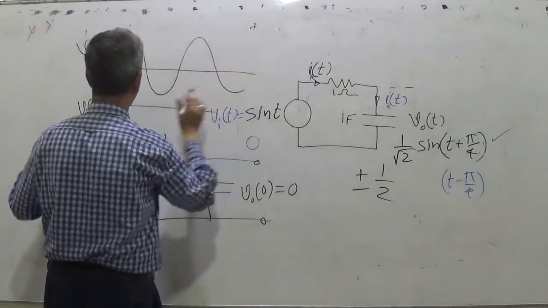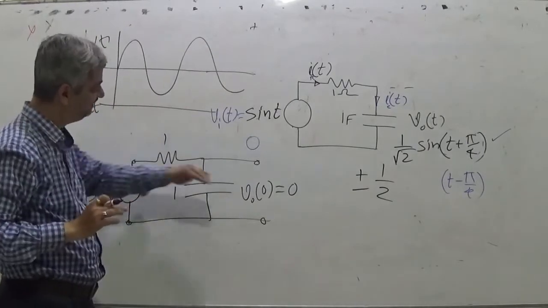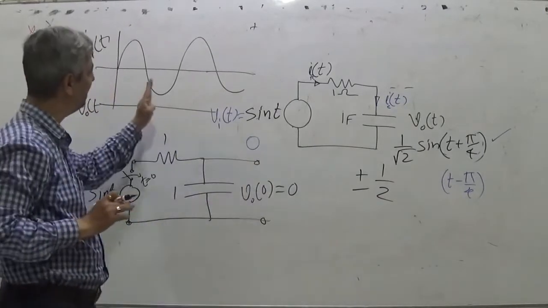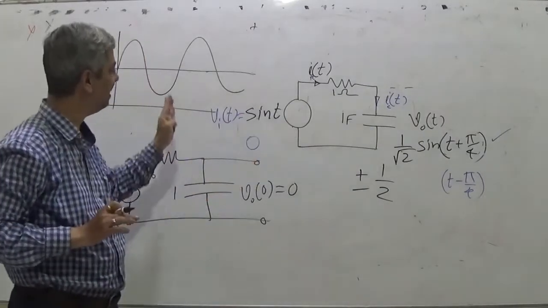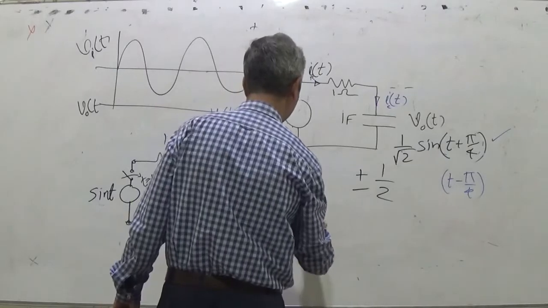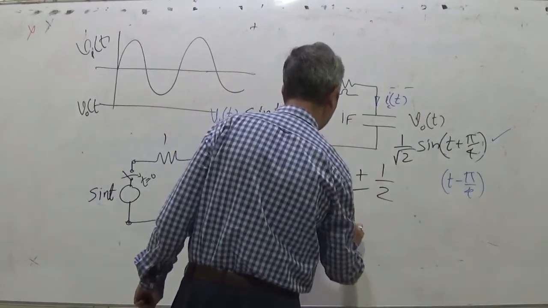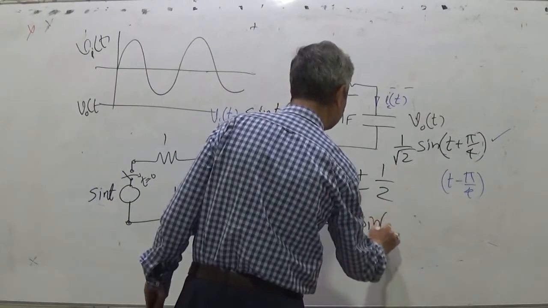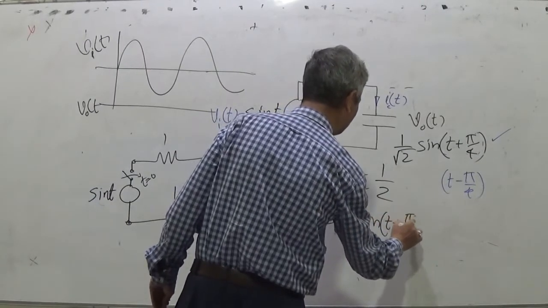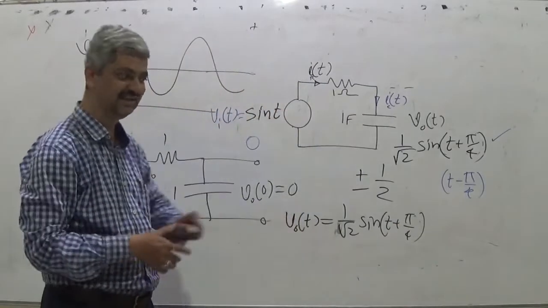See, if you plot the graph, in the initial part the graph will be different, and afterwards the graph will go to V out t is 1 upon root 2 sin(t plus pi by 4). So this is called a steady state.